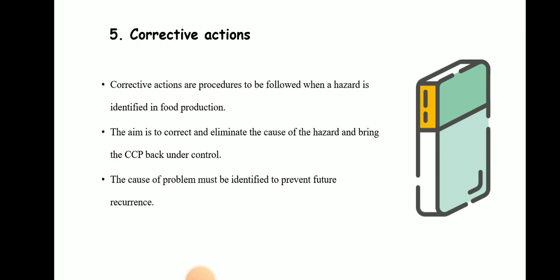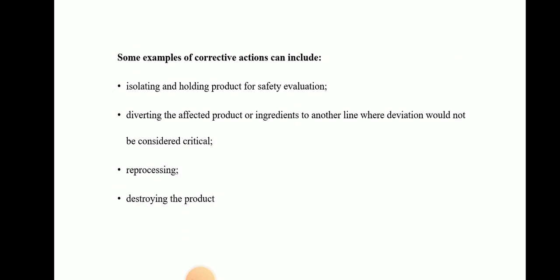Some examples of corrective actions include isolating and holding the product for safety evaluation. For example, in pasteurization of milk, we may find that the pasteurization temperature has not been reached, or when we do the enzyme test, the alkaline phosphatase is still present. We need to take corrective action to eliminate it.